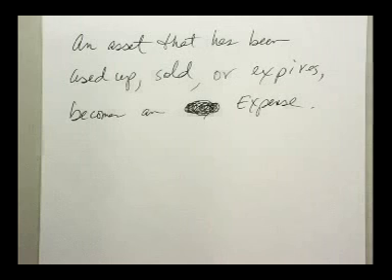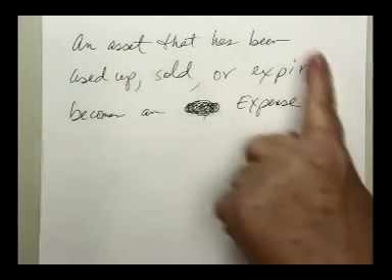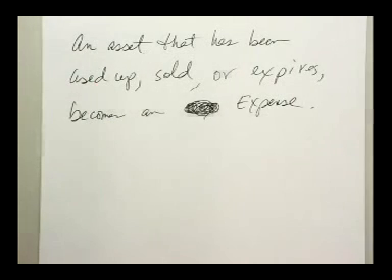And as time goes on, that vehicle is literally being used up. An asset that has been used up. How is it that we can still see their cab sitting out on the lot? How can you say it's been used up or it has expired? Depreciation. Okay.